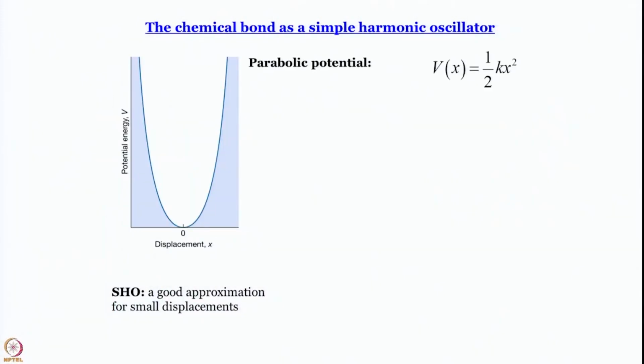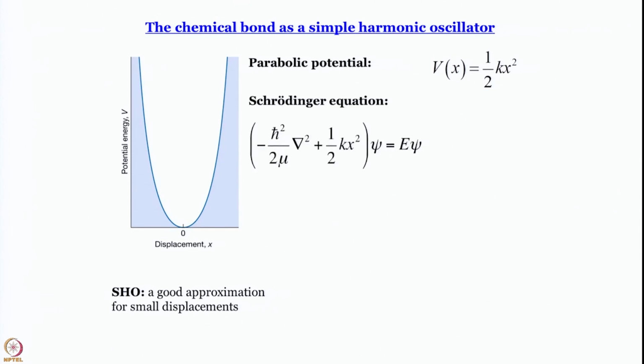So, we work with the parabolic potential. We write it in the Schrodinger equation as we have already done. In fact, we have written it in a little more complicated form that we will come back to later. And then we solve it with the boundary condition. Sorry, the psi is not coming here, but this is actually psi. Psi is 0 at x equal to plus minus infinity.